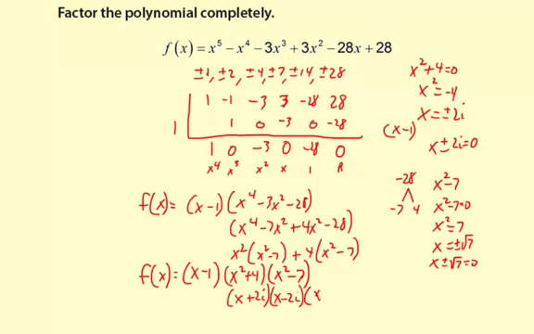So let me put those here, x plus square root 7, x minus square root 7. And we still need that x minus 1 out in front. Okay, so the polynomial is now completely factored over complex numbers.